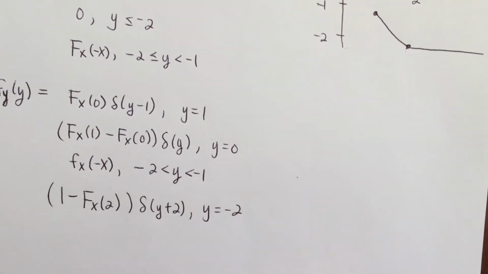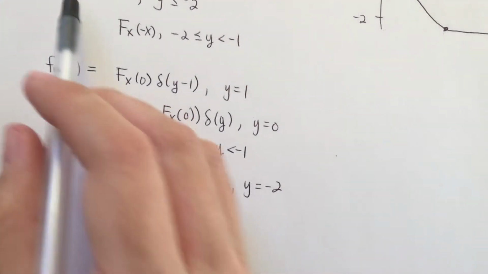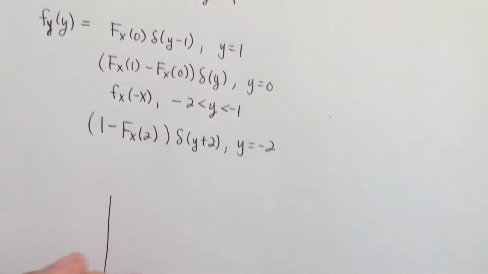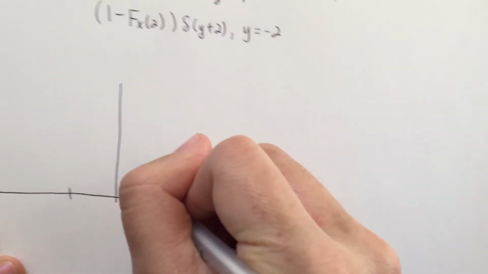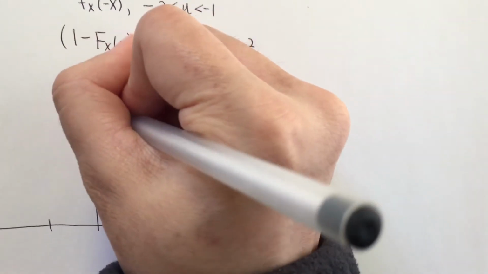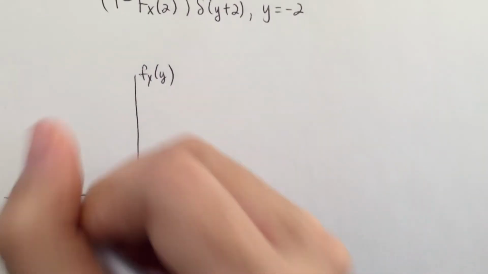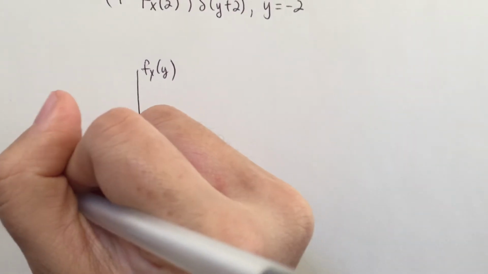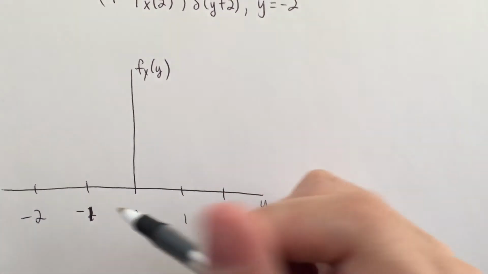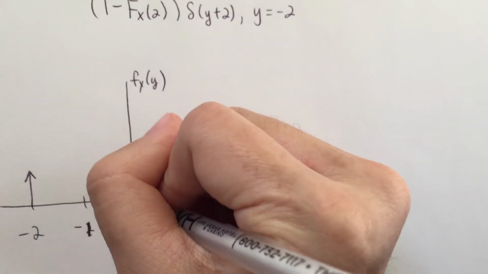And to draw these two functions, first it'll be easier to draw the small f of y. So small f of y, with marks at negative 1, negative 2, 0, 1, 2. So 3 impulses, 1 at negative 2, 1 at 0, and 1 at 1.